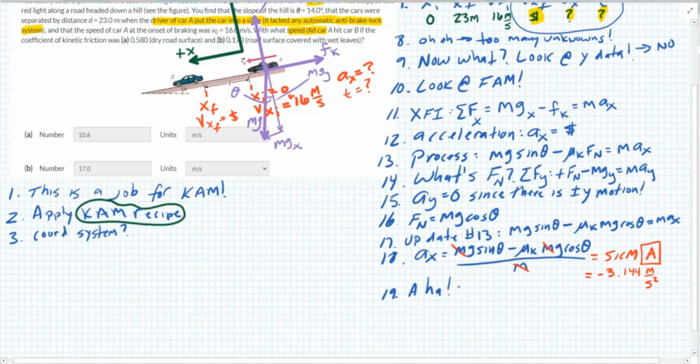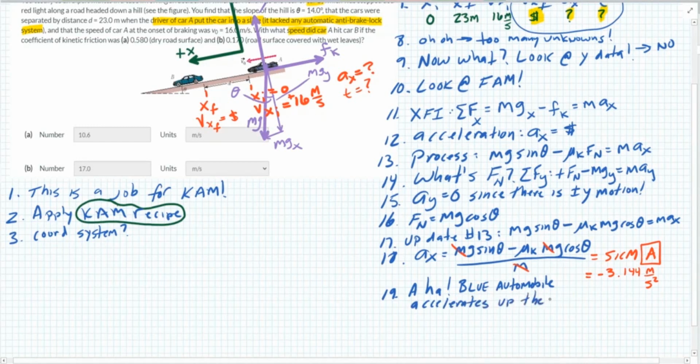Blue car, mass A, blue automobile. The blue automobile accelerates up the ramp. So the blue automobile is moving down the ramp, but it's accelerating up the ramp.